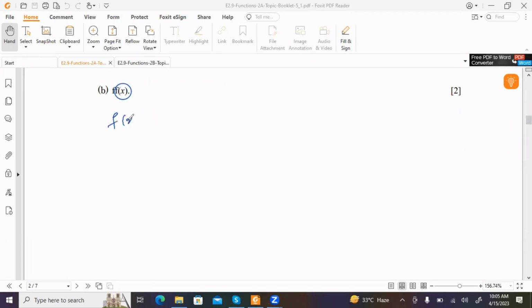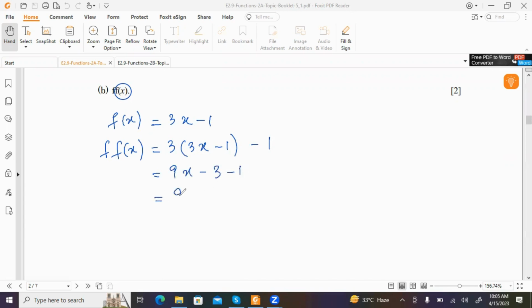Basically, if f of x is 3x minus 1, f of f of x means x is going to be replaced with 3x minus 1. So it's now 3 times 3x minus 1, then minus 1, which gives us 9x minus 3 minus 1, 9x minus 4. That is your answer for this.